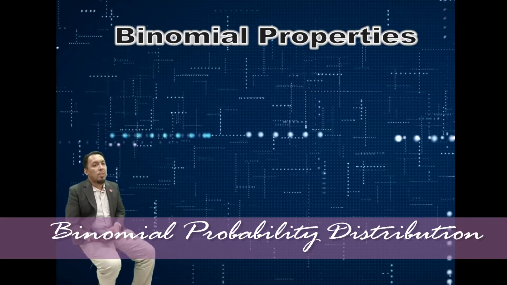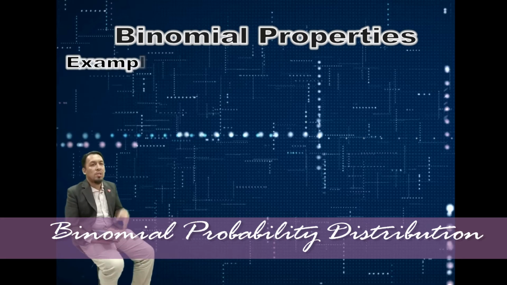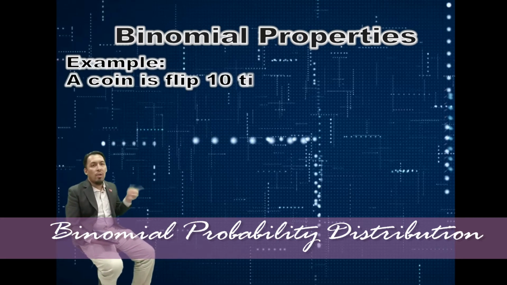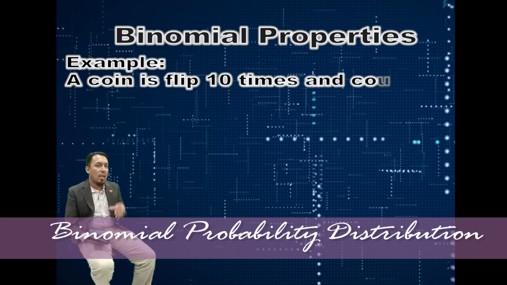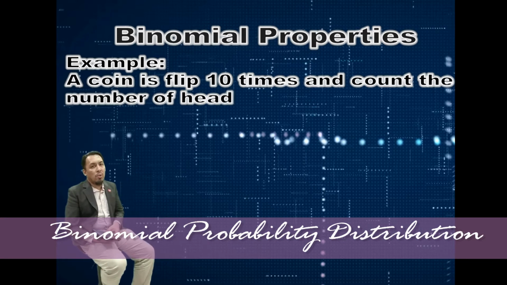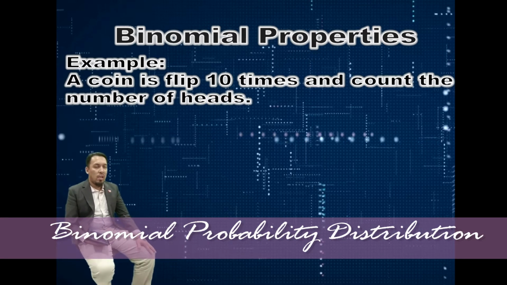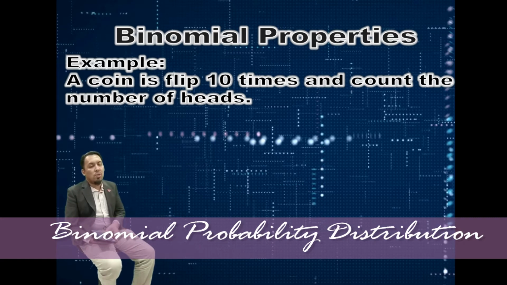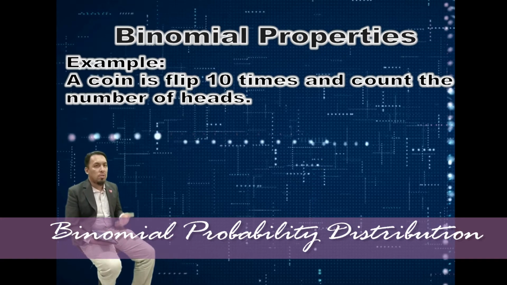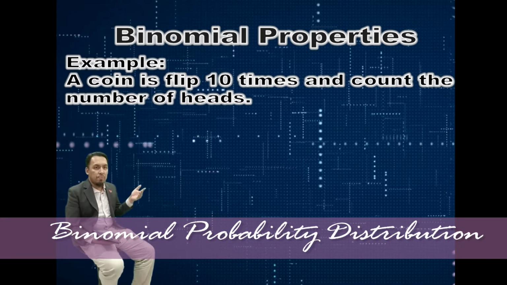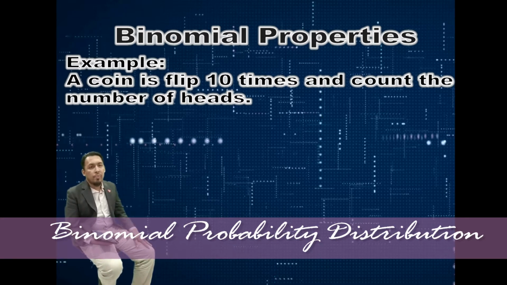Now let's look at an example just to understand the properties, right? So let's say we have a coin that is flipped 10 times. Like you flip a coin 10 times and you want to count the number of heads. Okay, so let's check whether we can use binomial probability distribution for this situation or experiment.